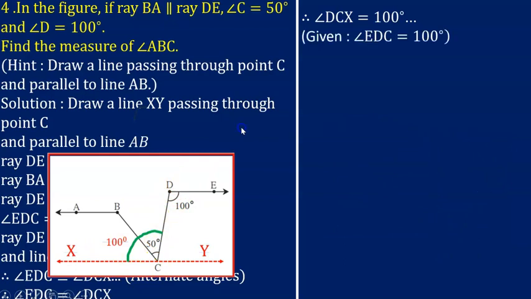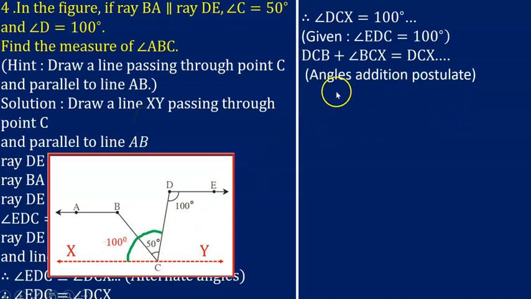Next, the measure of angle DCB plus the measure of angle BCX is equal to the measure of angle DCX. That is the angle addition postulate.